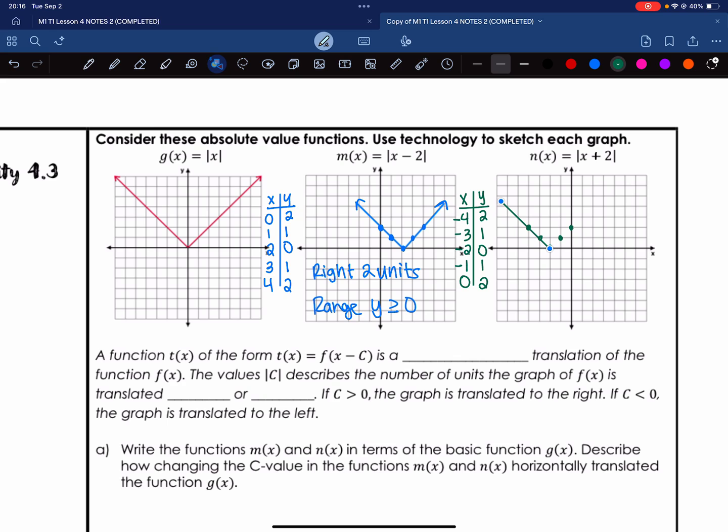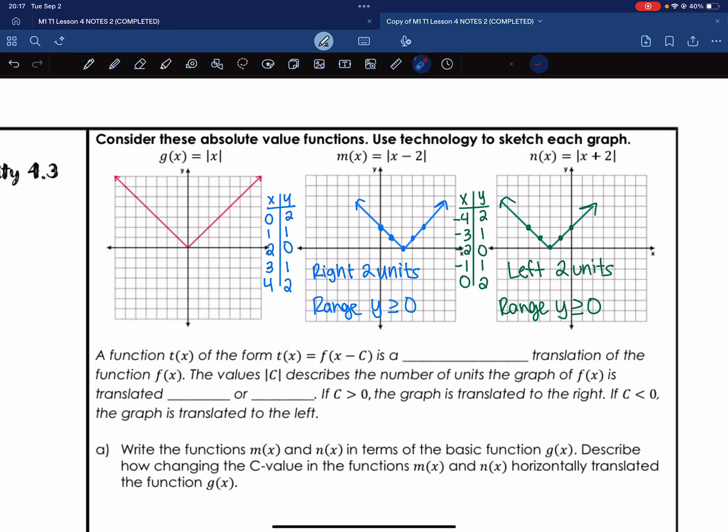Make sure that when you connect them, you place arrows, because this does keep going. So this time from the parent function, this has gone to the left 2 units. So since it's gone to the left 2, it's just a different type of transformation. The range for this is the same. It did not change. Y is greater than or equal to 0.